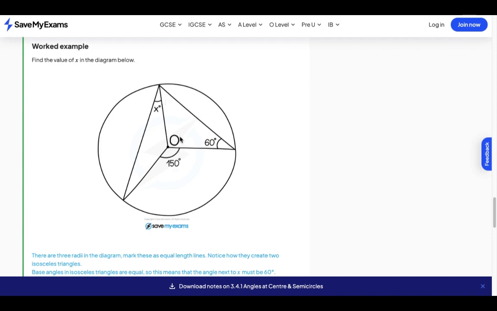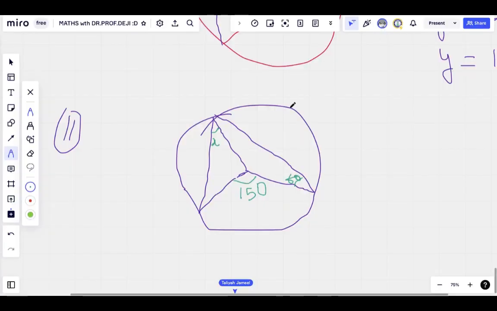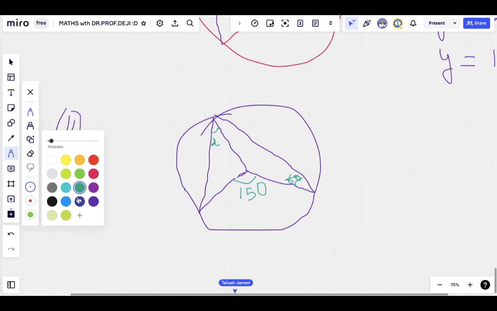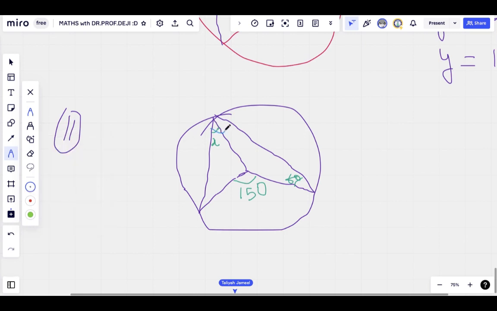And then we can find this angle on this side, 360 minus 150. First of all, angle at the center is twice the angle at the circumference, so we can find this angle. This angle will be 75.